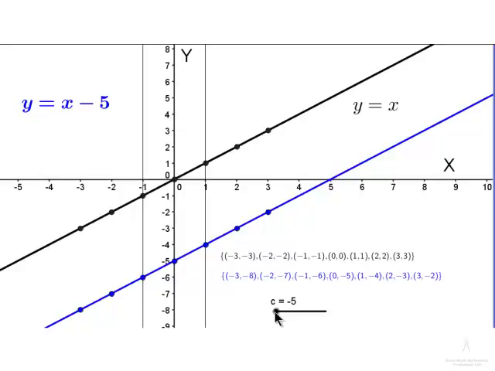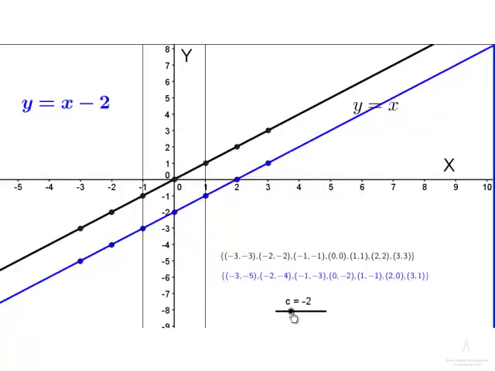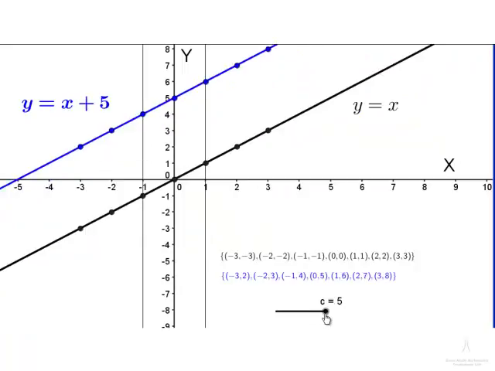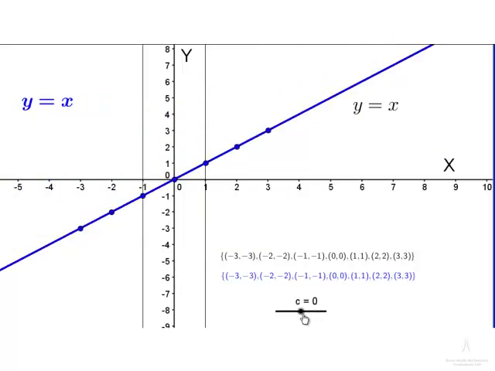At the moment, the blue line is below the black line and it's shifted down. If I increase this value, you can see that this blue line is moving up or down. Of course, if this value is 0, then it will coincide with the basic function and have exactly the same defining equation.